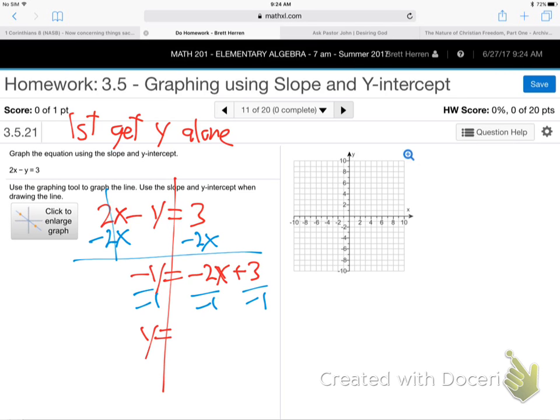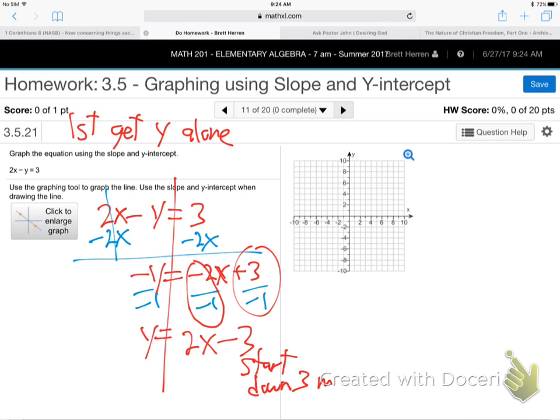So y equals, right here, 2 negatives make a positive, and 1 negative stays negative. So we've got y alone. Now why are we so into that? Because then this out here is where we start: down 3 in the middle. And then the other part, you put over 1, and it's rise over run. It's just like what we did now that you've got y alone, you know how to graph it. Can you finish it from there on the graph?